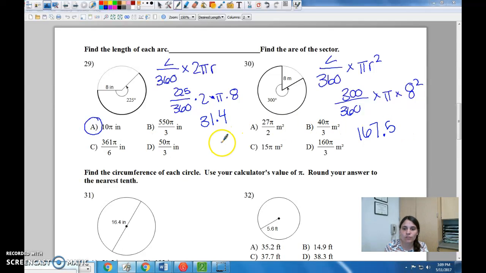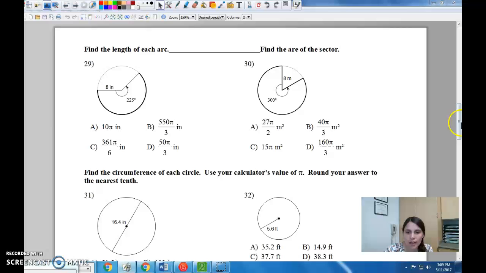And again, I will give you that decimal on your test, but just for your knowledge, I will tell you which of these it is. So this 167.5 is the same thing as D.